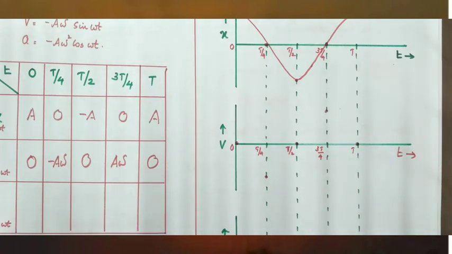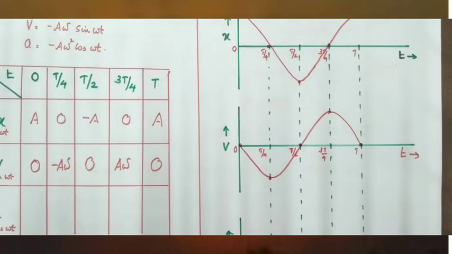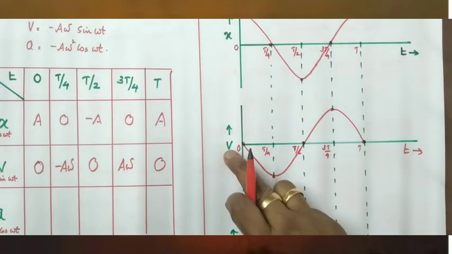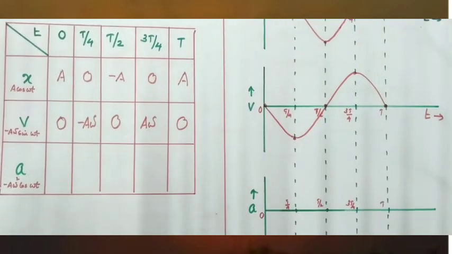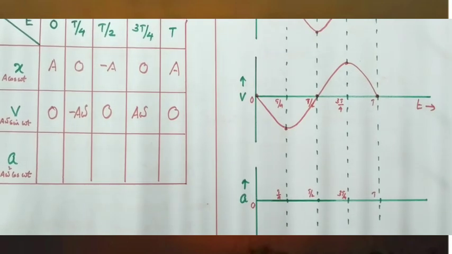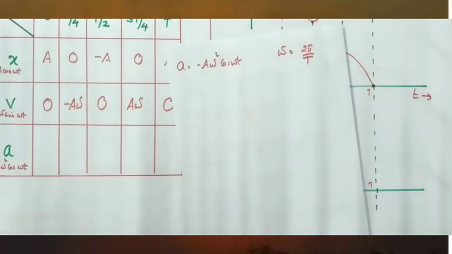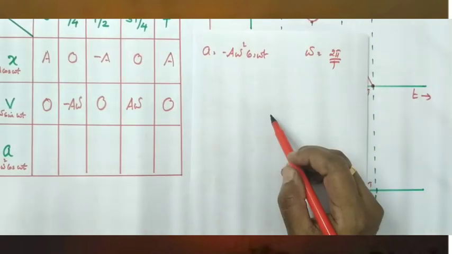Now if we join the points, we will obtain the graph like this. So this is the graph relating time and velocity. Now next one, time and acceleration. Next we can plot the graph relating time and acceleration. We have acceleration a equal to minus a omega square cos omega t.